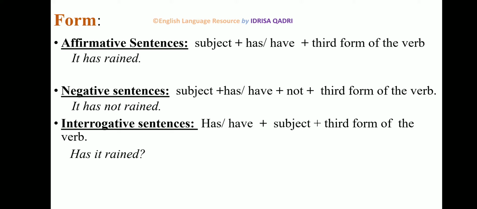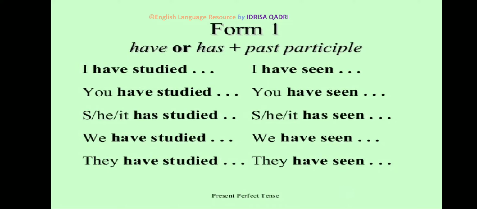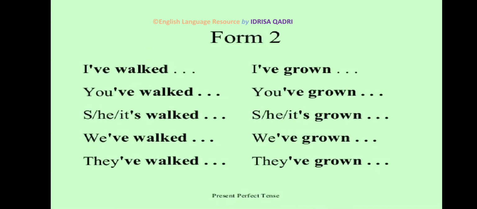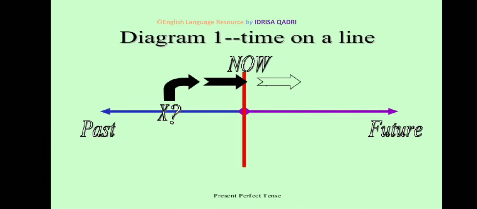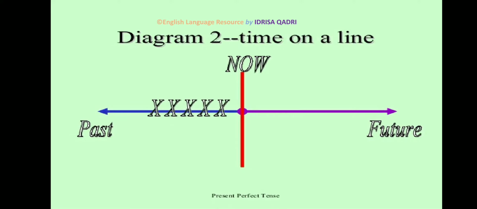In interrogative sentences, has, have plus subject plus third form of verb. For example, has it rained? Here we have more examples of the form elaborating present perfect tense, and also the diagrammatic representations.